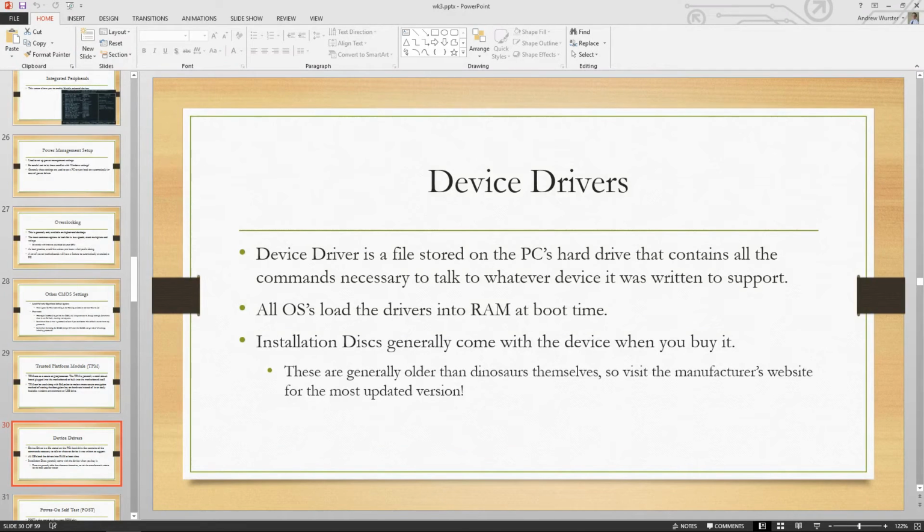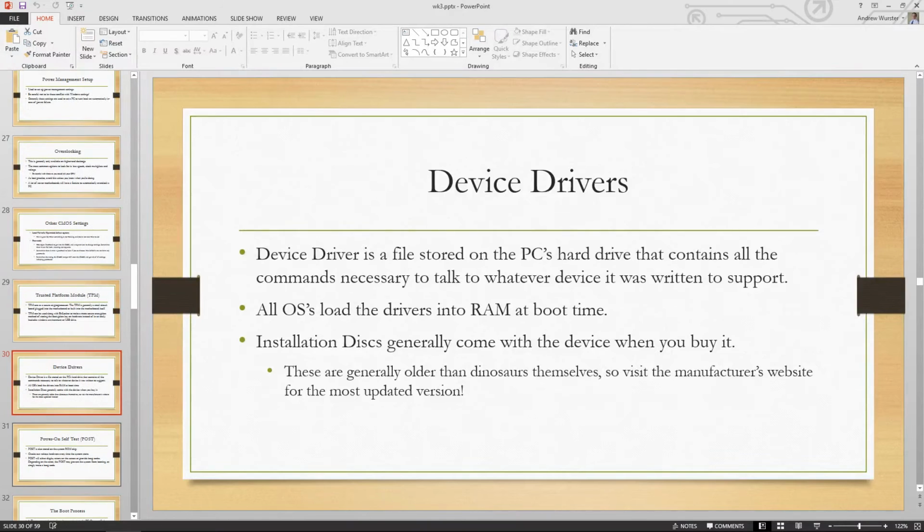Never use the ones they give you on the disc because they are ridiculously outdated. They are like the second revision of what they've ever made for that device, and they've come out with like 20 versions before you even receive that disc. So it's a waste of your time to even think about putting that in your machine, unless you don't have access to internet.